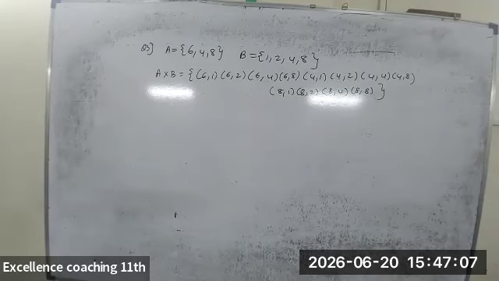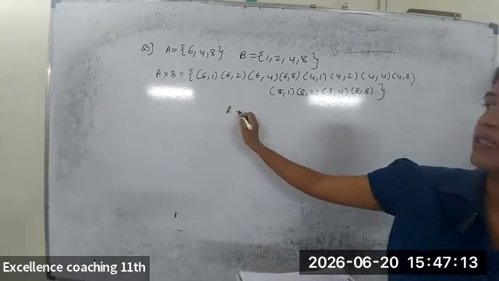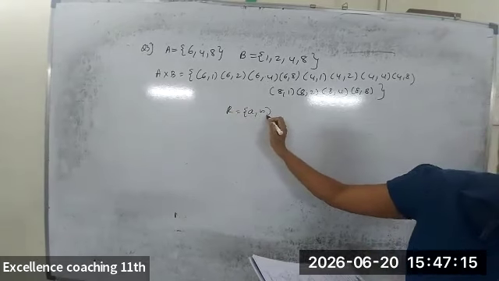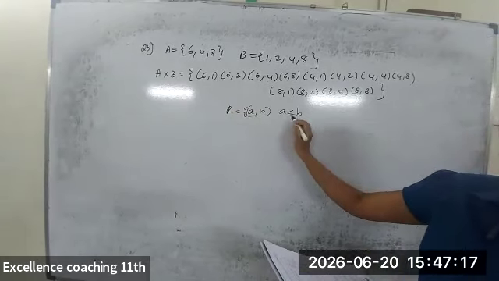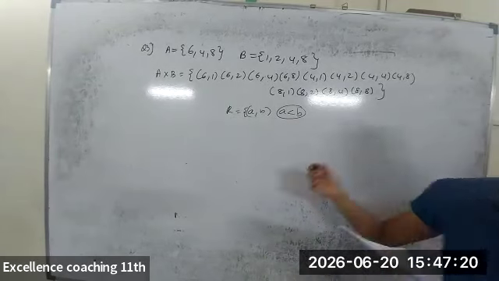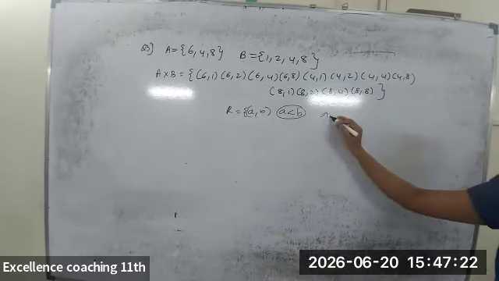Now find a relation where (a, b), where a is less than b. You see this symbol? a and b belong to the natural numbers.